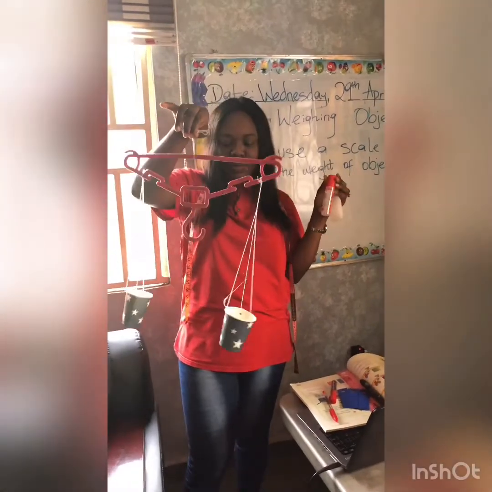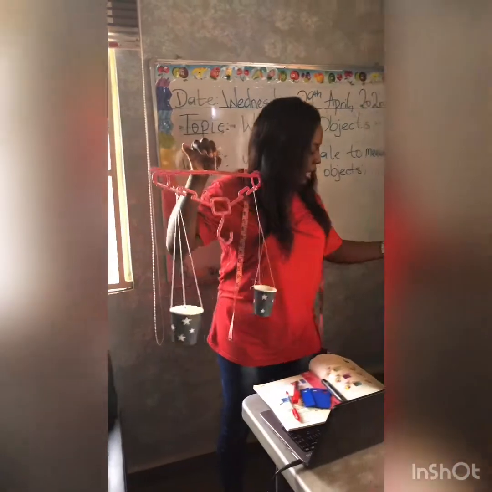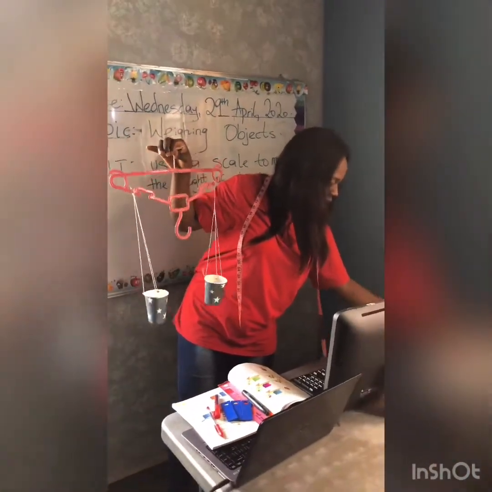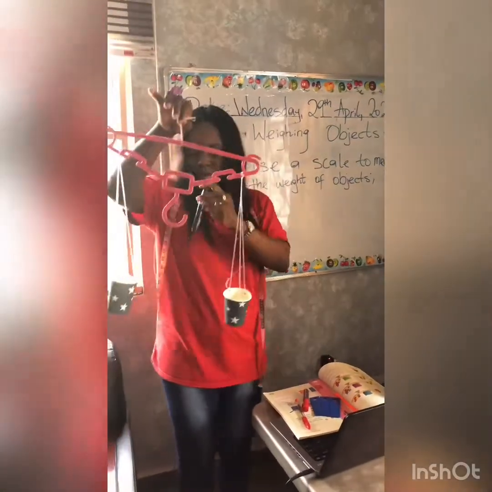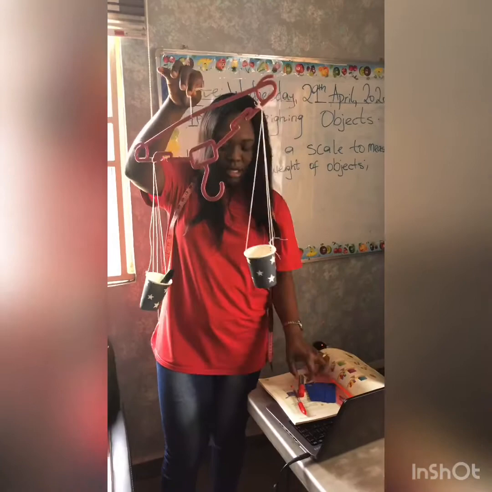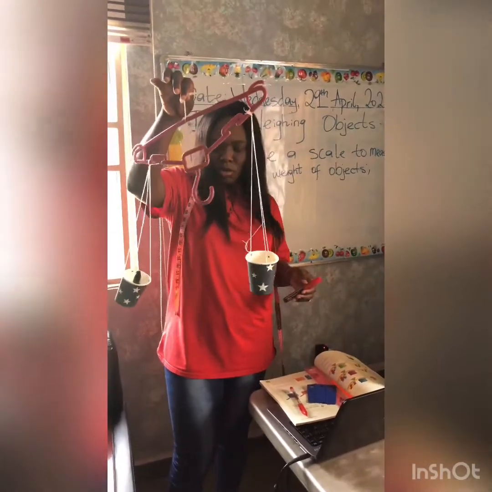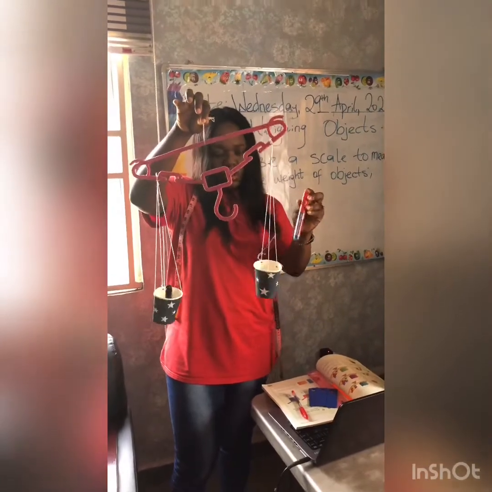You see, it's back again to normal. We are going to weigh some things again. Let's weigh the marker. And let's weigh two markers and see what will actually happen. This is a black marker and a red marker. Let's weigh both, see what will actually happen.